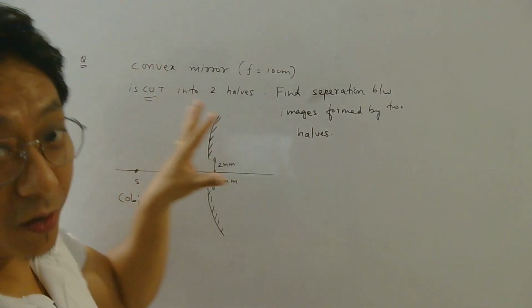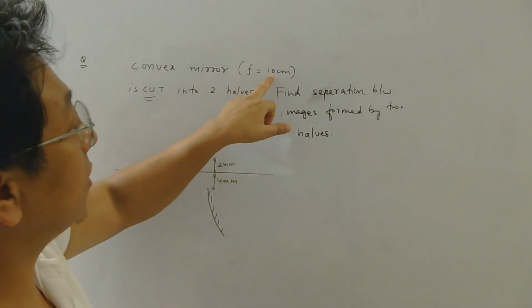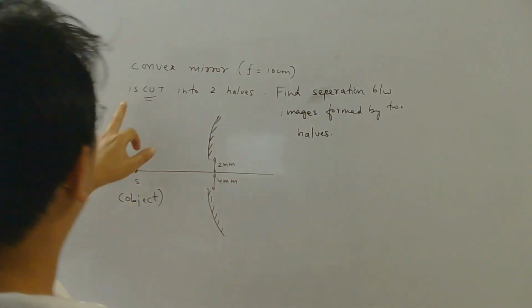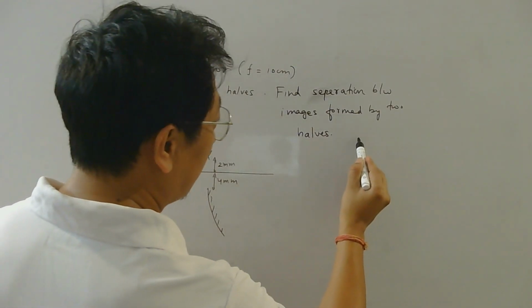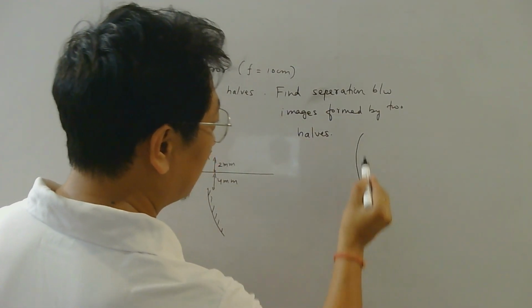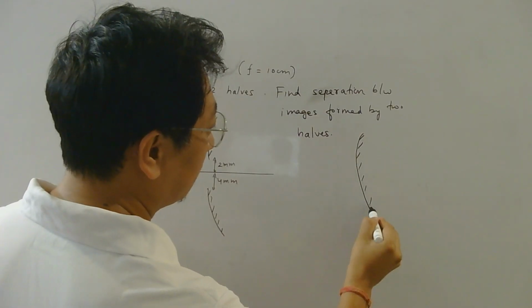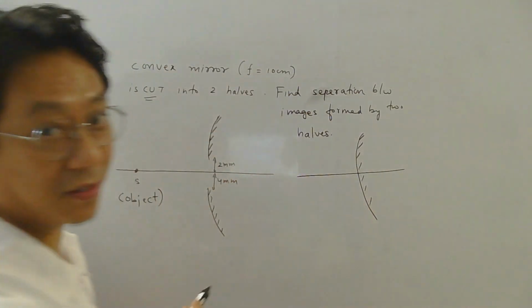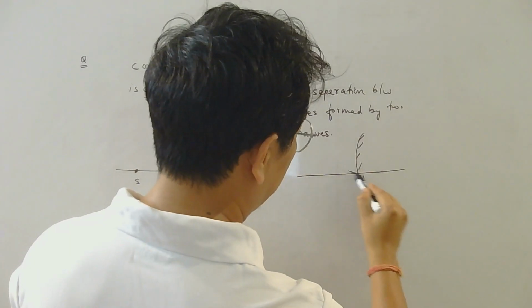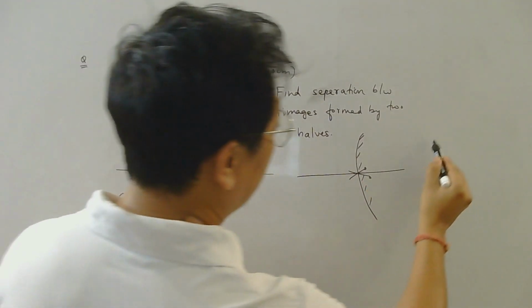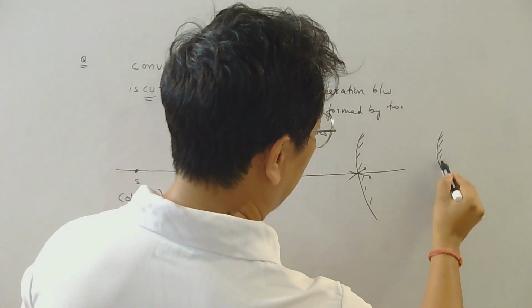Here there is a convex mirror whose focal length is given as 10 centimeter. Now it is cut into two equal halves. They should have mentioned along the principal axis. So if this is your convex mirror and this is your principal axis, we are cutting the mirror along this axis, so that you now have two halves like this.